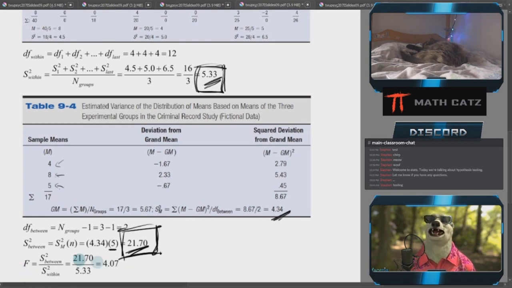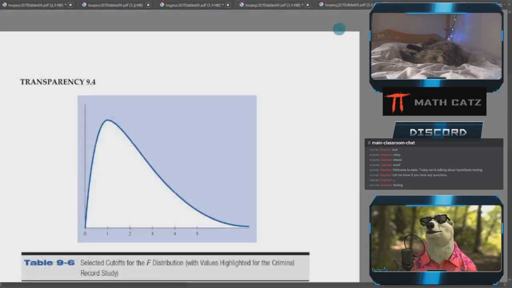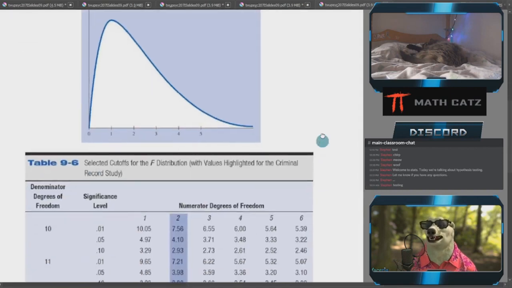Now this F score, this ratio, has a distribution called the F distribution, and it looks like this. It has its own tables and cutoffs.